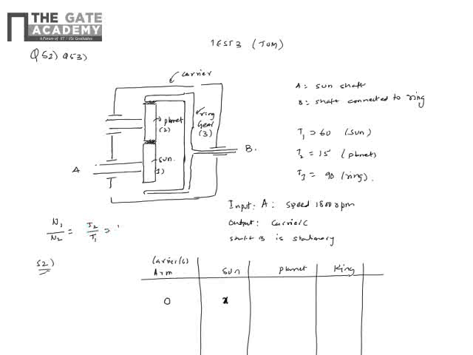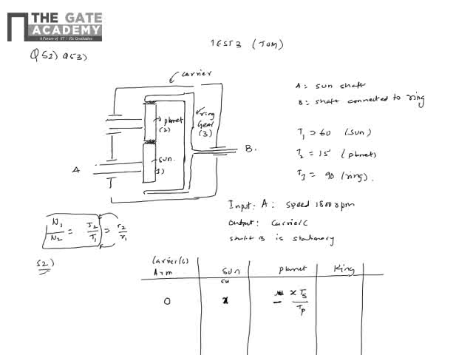This comes from r2 by r1, and the modules being the same, so you have the speed ratio inverse of the teeth ratio. So n planet would be n sun, that is x revolutions of the sun, times Ts by Tp, where Ts is the number of teeth on the sun and Tp on the planet. Now we put a minus here, to represent that if this is clockwise, then this minus will be anti-clockwise. Just to represent clockwise and anti-clockwise, I have represented minus.